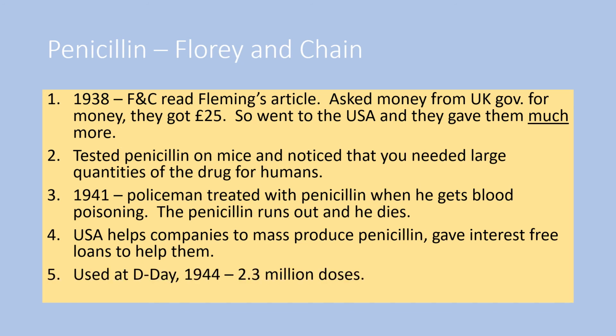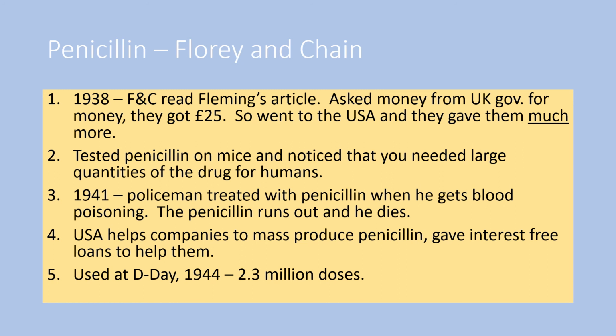The big time we see penicillin being used at its strongest is D-Day in June 1944, where 2.3 million doses of penicillin are used on soldiers and successfully prevent them from any further infection, and also from dying from said infection as well.